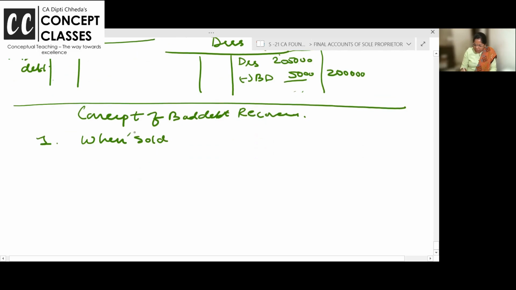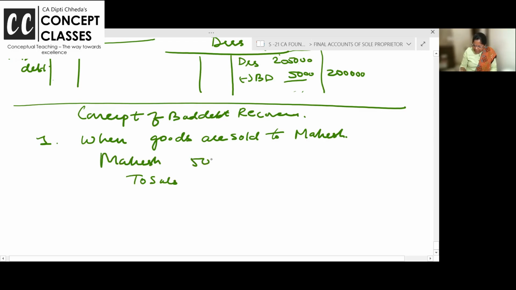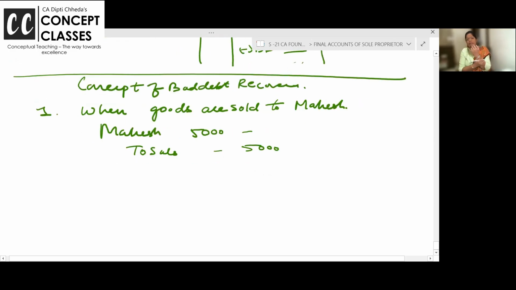When goods are sold to Mahesh, Mahesh account debit to sales, 5,000. Please write all these concepts nicely.